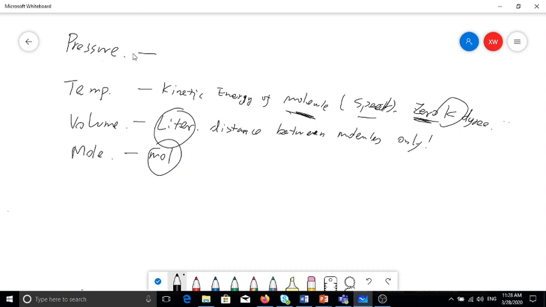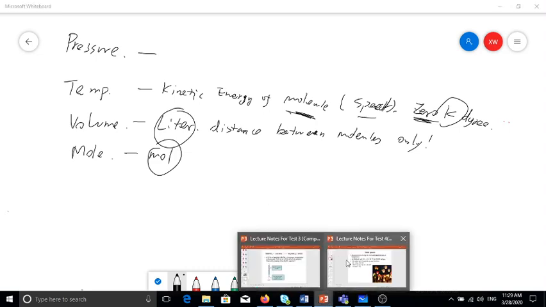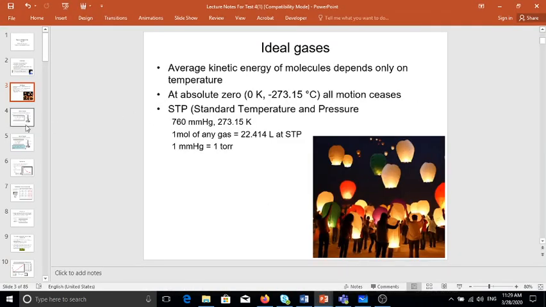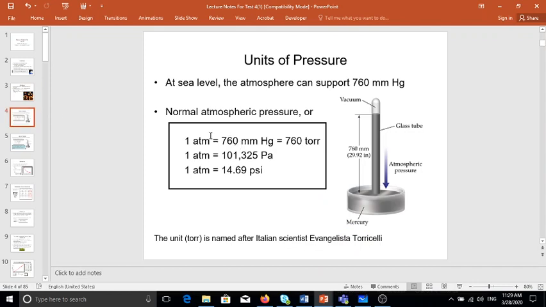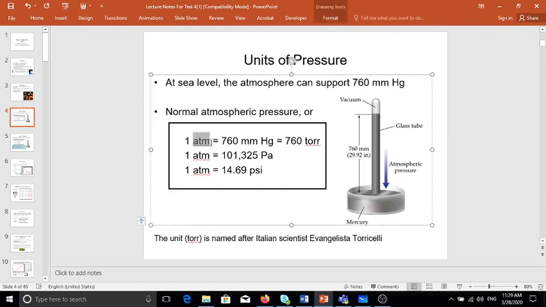Let me circle all the units for each parameter here. For pressure, we usually have several units, so let's take a look at the slides. The most commonly used unit is ATM, the abbreviation of atmosphere pressure, which can be measured by some other units as well: millimeter mercury, Pascal, and PSI, which stands for pound per square inch.